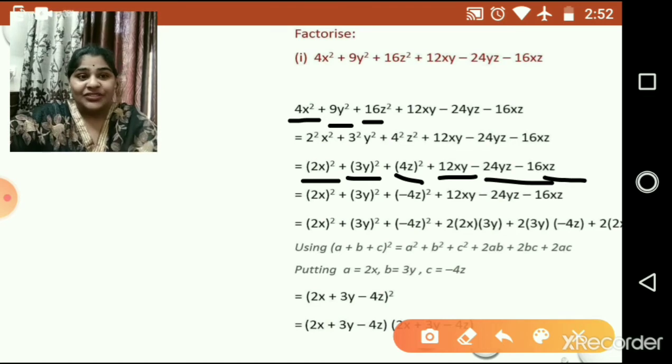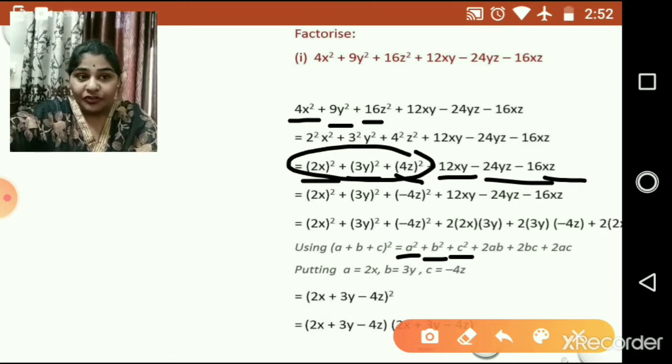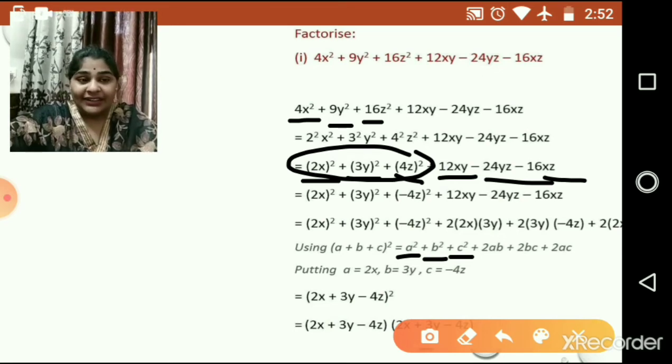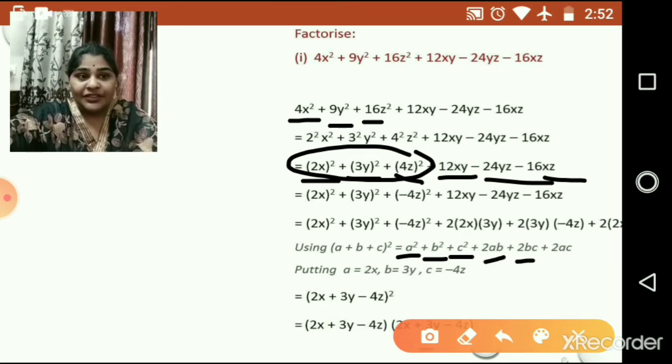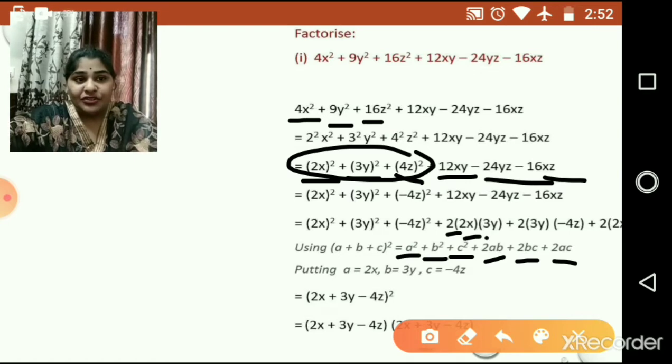Now if you see, children, here we got a square, b square and c square, that is 2x whole square plus 3y whole square plus 4z whole square. Now the other terms I will write in the form of 2ab plus 2bc plus 2ac. So let us try. So 2ab is nothing but 2 into a value, that is 2x, into b value, that is 3y. How much will I get, children?